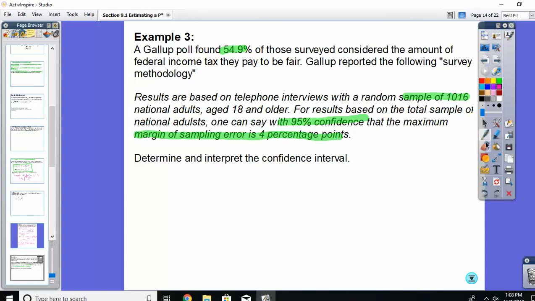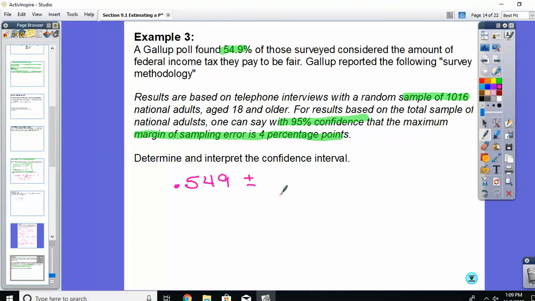So if I wanted to create a confidence interval for this, that's what they're asking me to do. My p-hat, what was their final percent that they went with? Okay, so my p-hat is 0.549. To get your confidence interval, you add and subtract the margin of error.